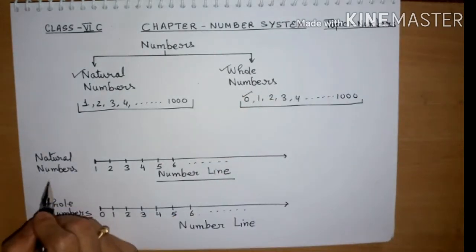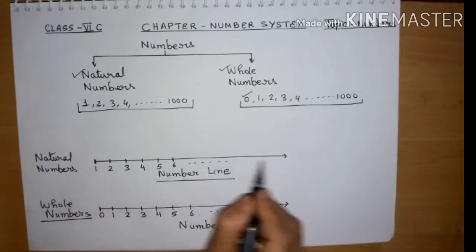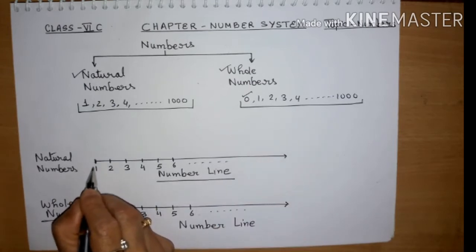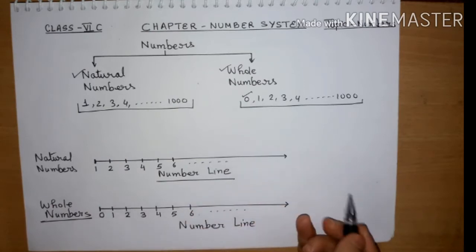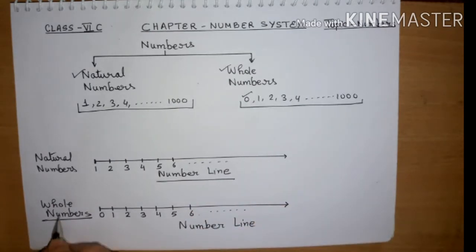For representing those on the number line, we simply draw a line and the first number here will be 1 and then it goes on in increasing order. For representing whole numbers, we start with 0 and, maintaining equal gaps, we keep on representing. Thank you.